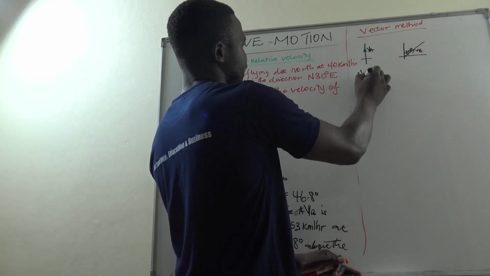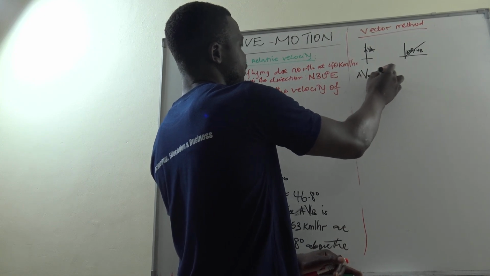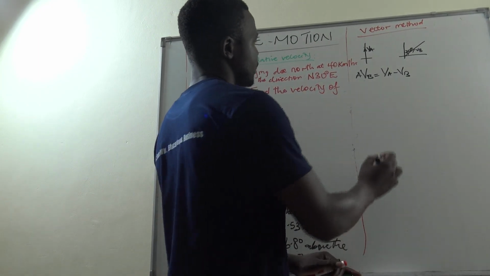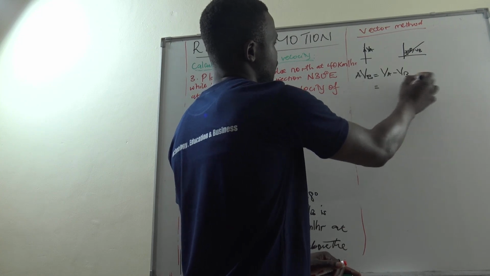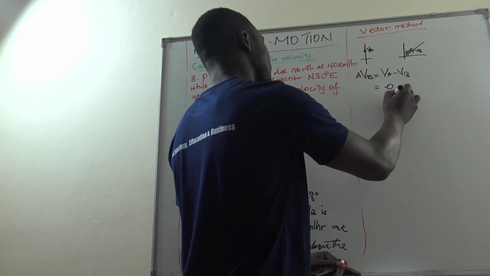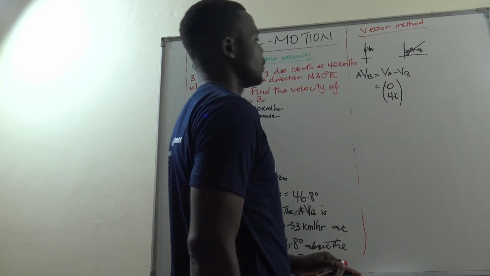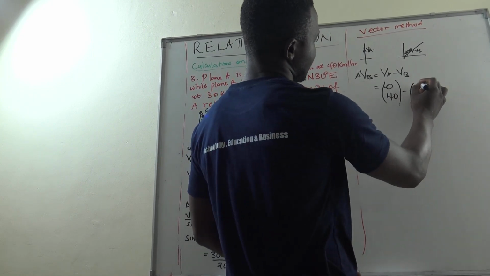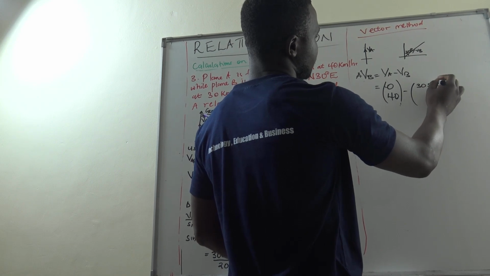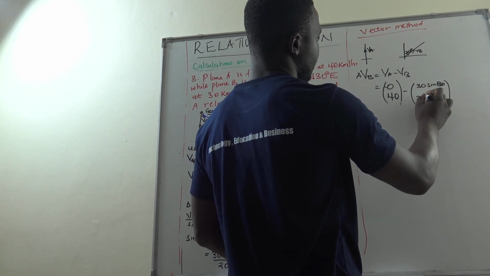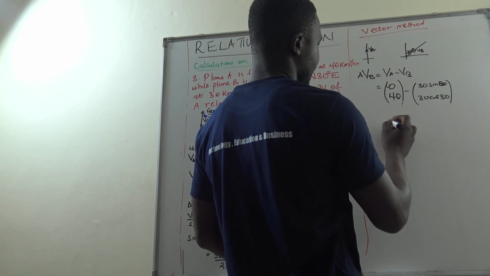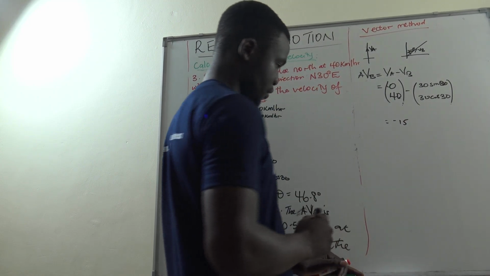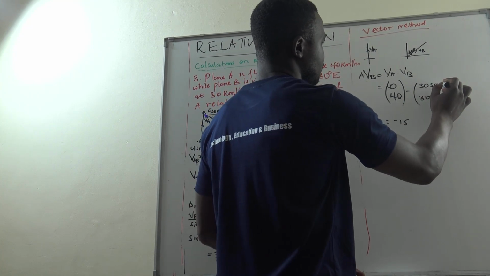The velocity of A relative to B is the velocity of A minus the velocity of B. Vector-wise, the velocity of A in the horizontal direction has no component, and in the vertical direction it is 40. For B, it is 30 sine 30 horizontally and 30 cos 30 vertically.